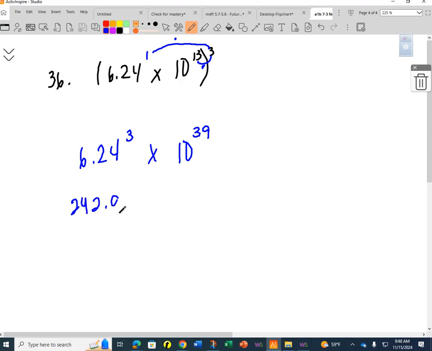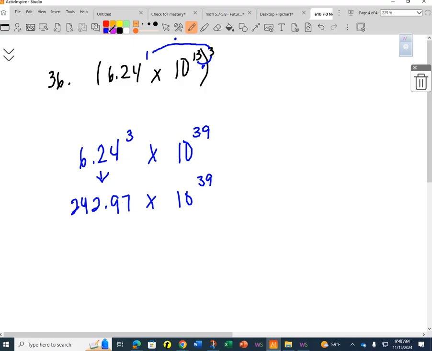We're going to round to the hundredth place, times 10 to the 39th power. So this equals that, and we just brought that down. That makes sense?